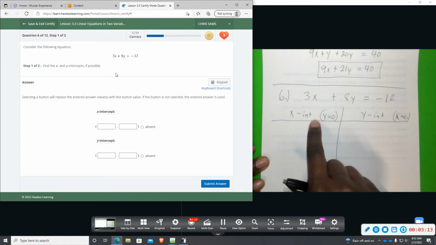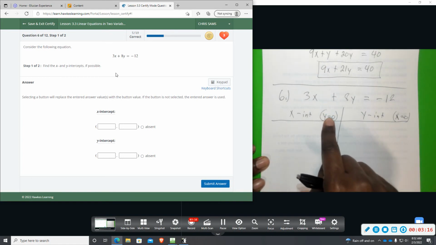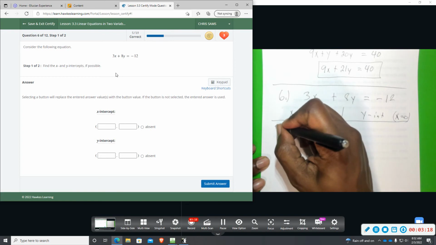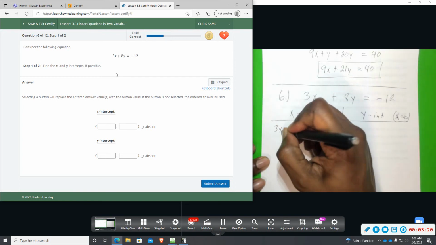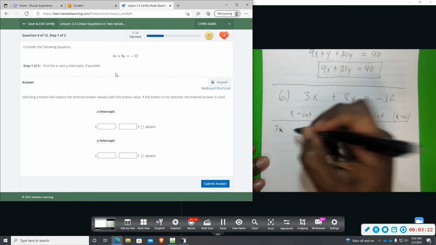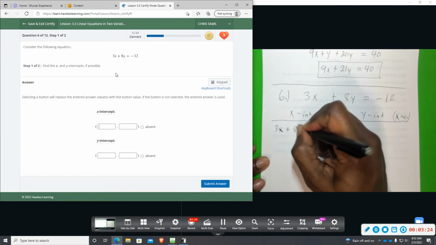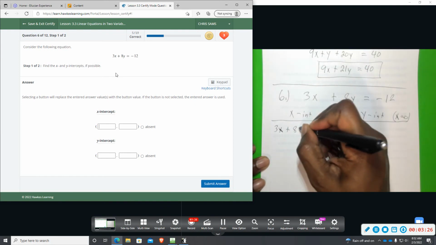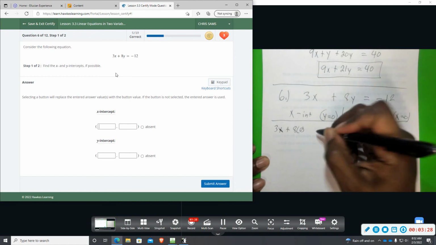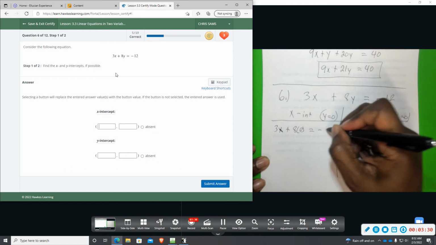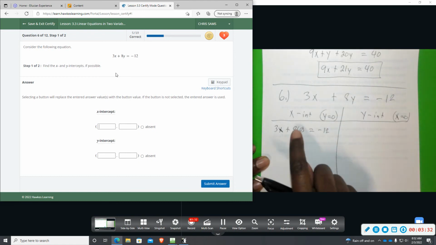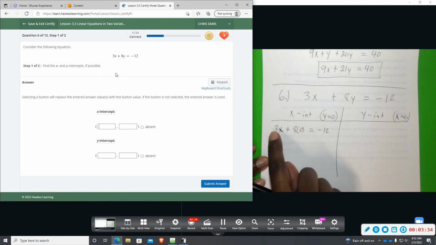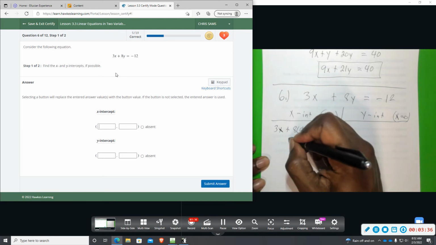I'm going to do the x-intercept first. That means y is going to be 0. So I'm going to do 3x plus 8y, but y is 0, so I'm going to plug a 0 in for y, equals negative 12. 8 times 0 is 0, and when you add 0 to anything, it is itself.